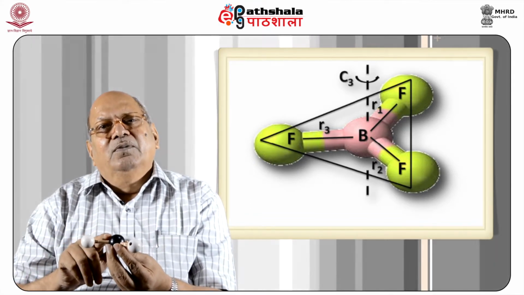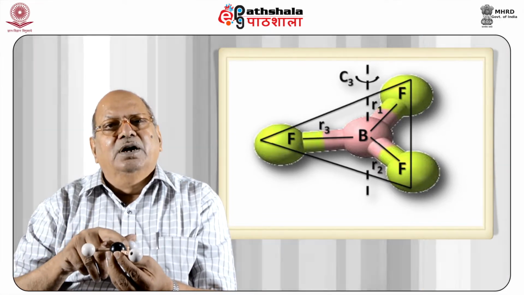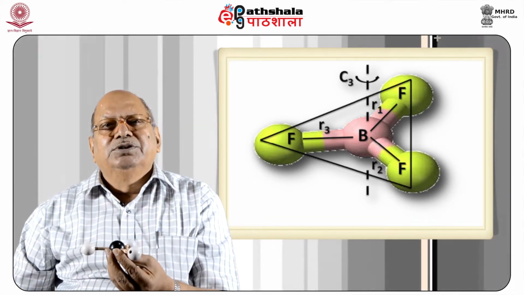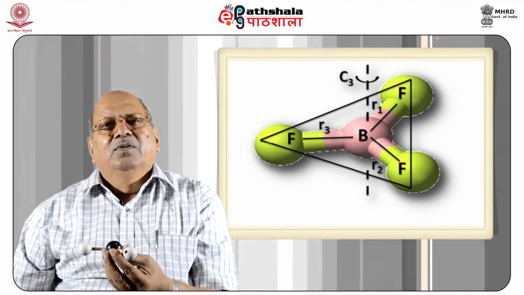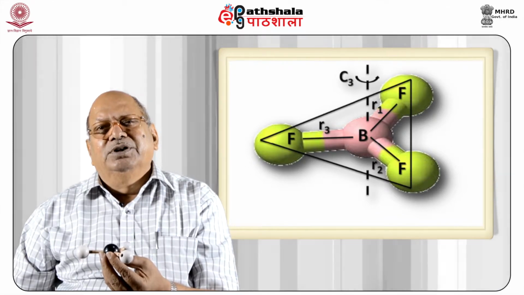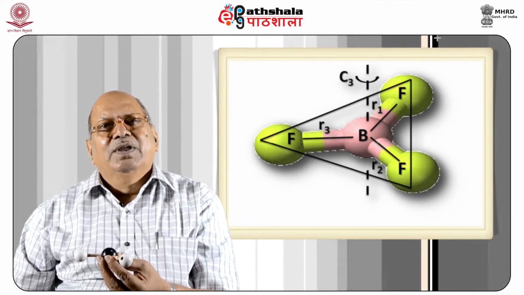Now, again we have 3 bond vectors in this, R1, R2 and R3. We are having the bond vectors R1, R2 and R3 in these molecules, and this is the C3 axis shown.